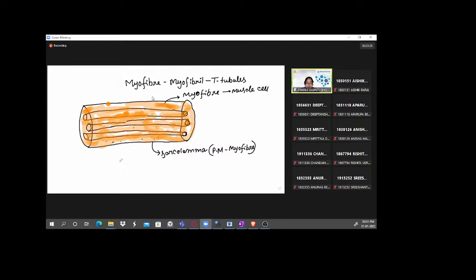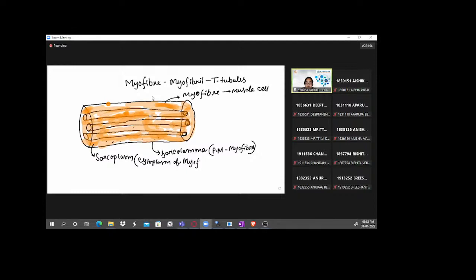That means the cytoplasm of myofibers. Myofiber means muscle cell. The sarcolemma means the plasma membrane of the myofiber, and sarcoplasm means the cytoplasm of the myofiber.